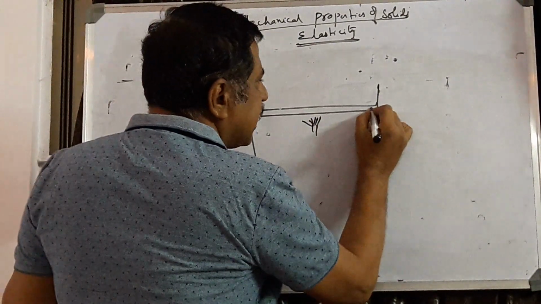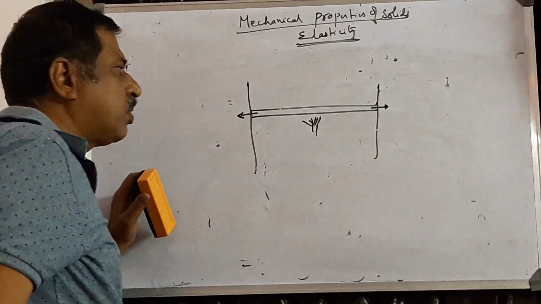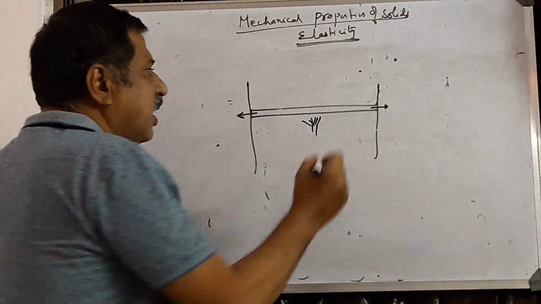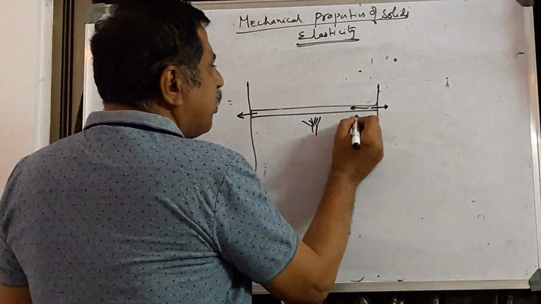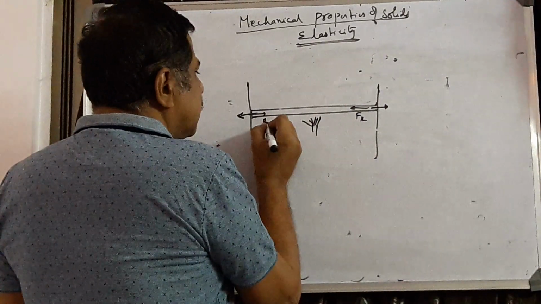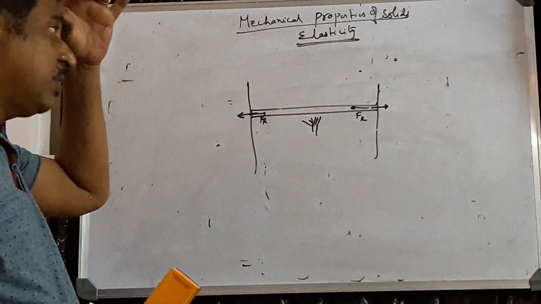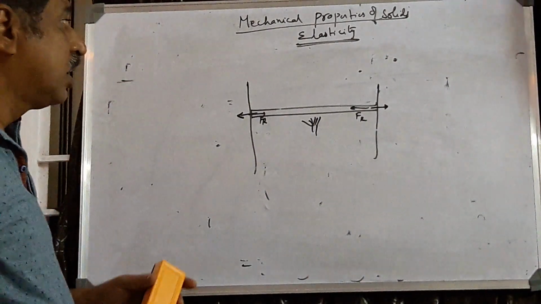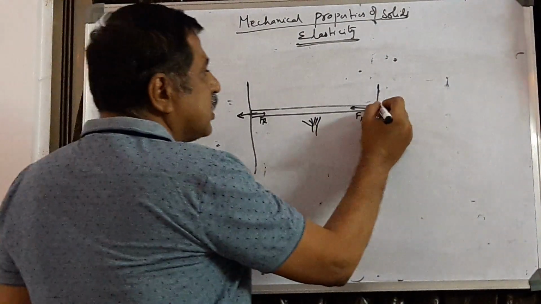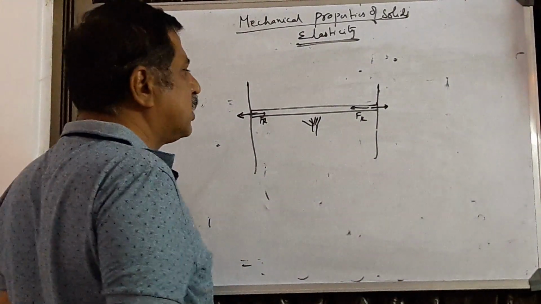It presses against the walls or rigid supports. That is why a restoring force is developed. It gets compressed, and the restoring force is developed opposite to the force applied by the rod on the walls or the fixed supports.